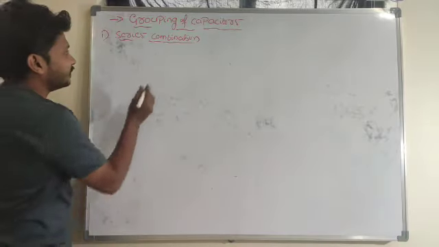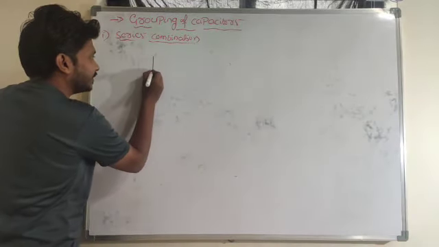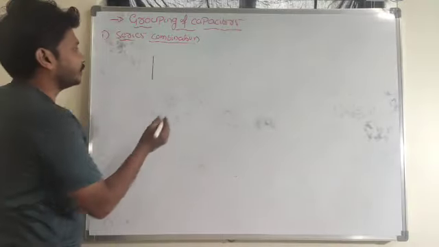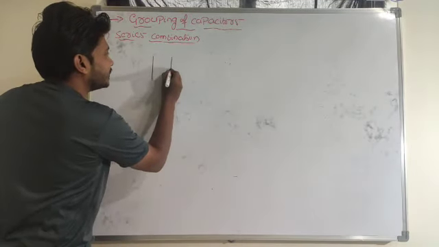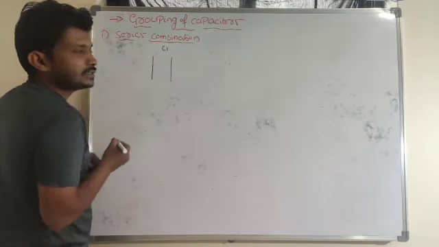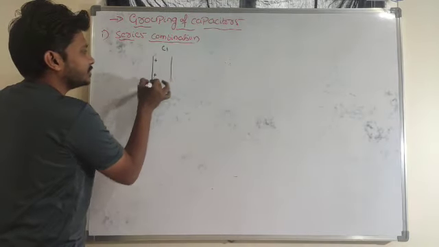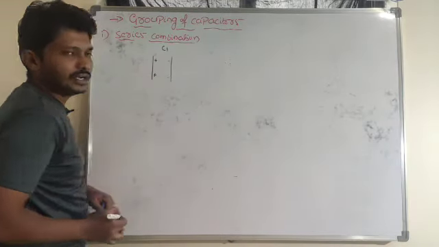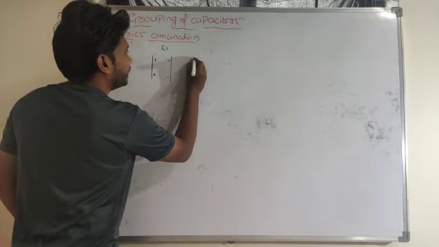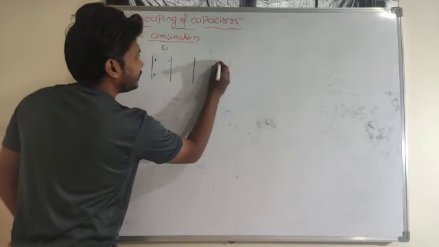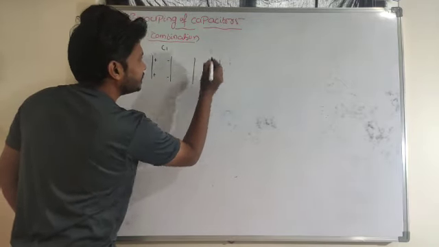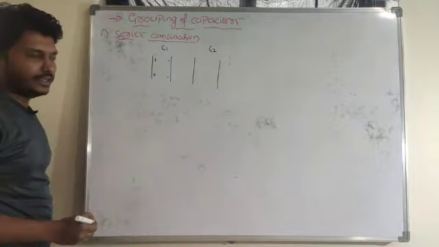A capacitor consists of two plates, one positive and another negative. For example, this is the first plate, this is the positive plate and this is the negative plate, and let me consider another plate here. Another capacitance, that capacitance is C2 here.